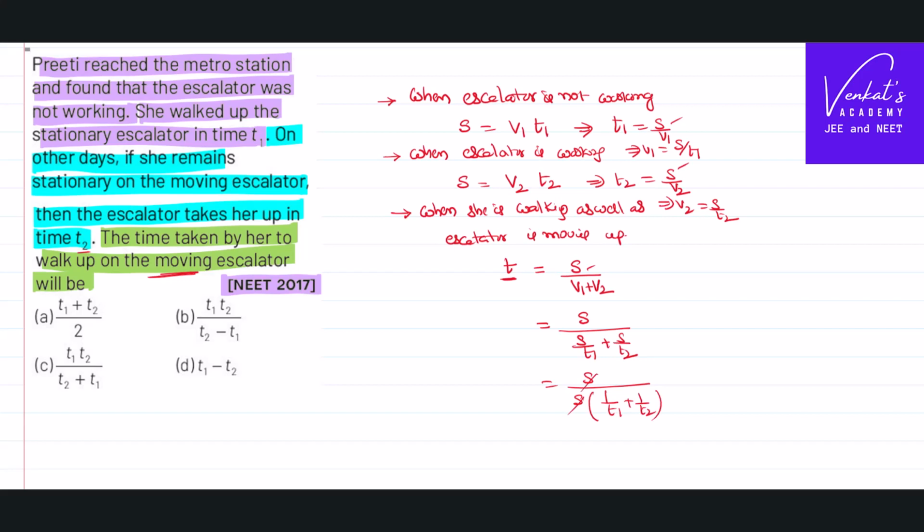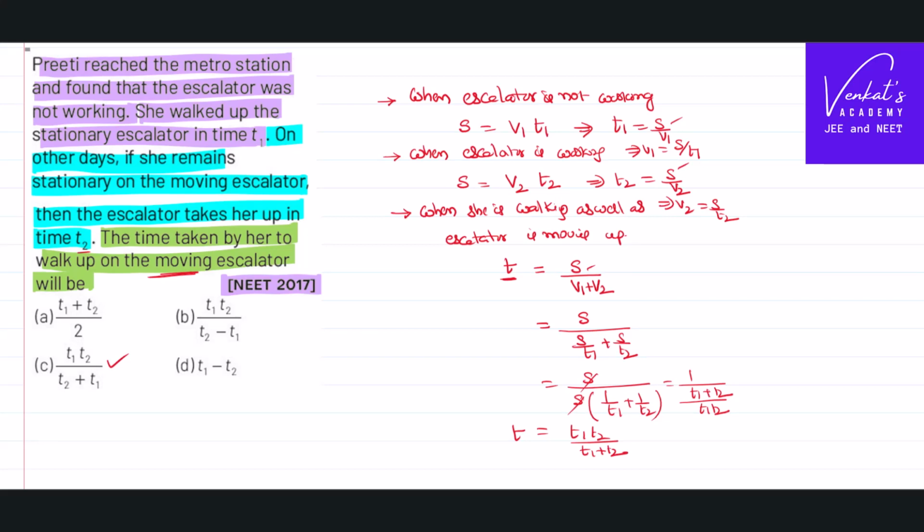So s and s can be cancelled. See, be careful, it is in the denominator. 1 by t1 t2 over t1 plus t2 is in the denominator of the denominator. So I have to reverse it to get the final value. T is t1 t2 by t1 plus t2. Where is that option? Yes, here is that option. That is the right answer.